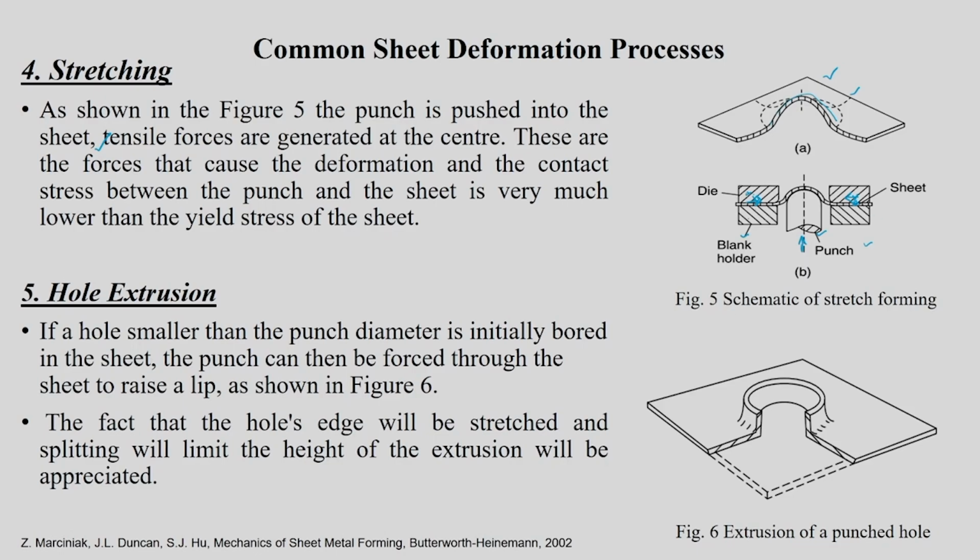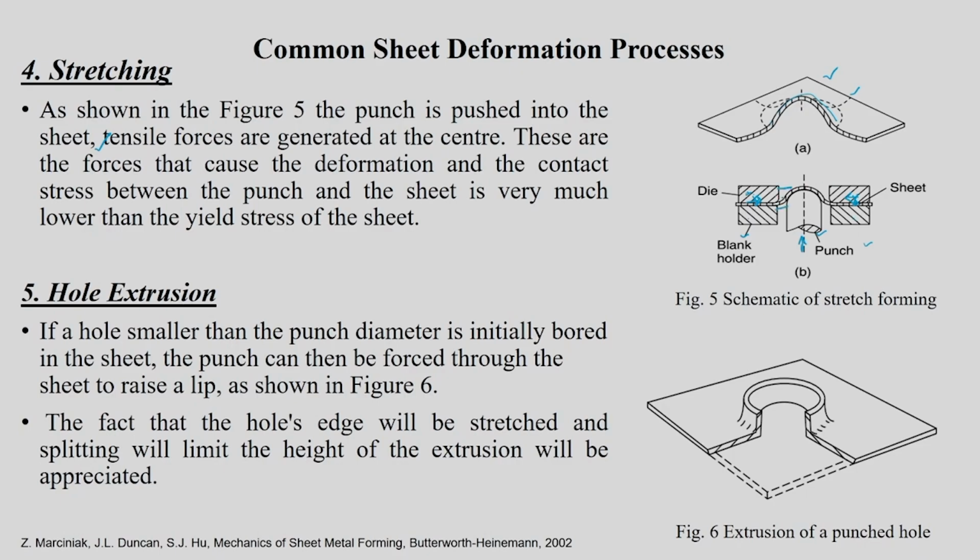This stretching we are going to discuss elaborately in further chapters. It can also be used as a material testing method. You can use this as a formability test, to see what the height of deformation is.